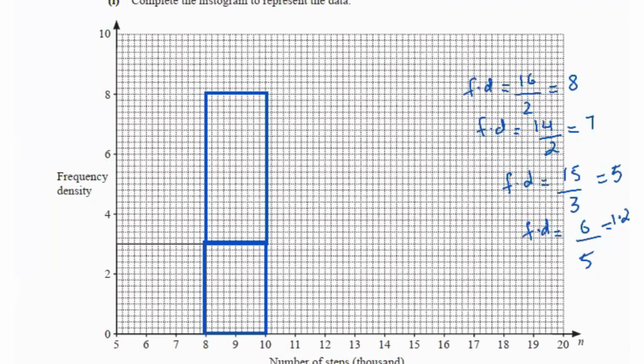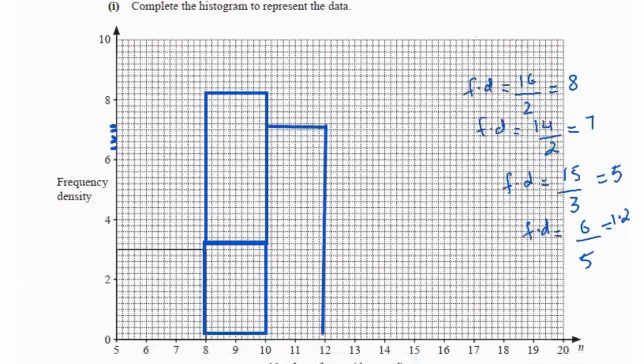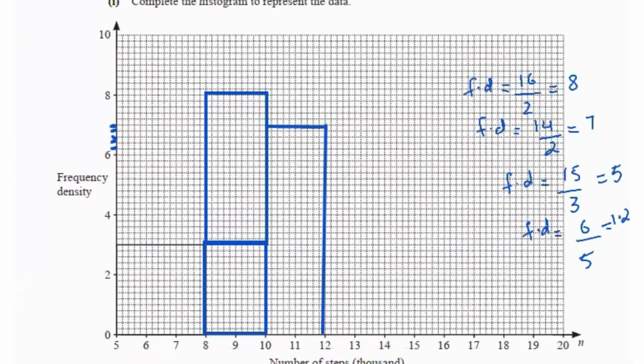So 1, 2, 3, 4, 5. I think that is, yeah, 10 to 12. Then 12 to 15, that is 5.